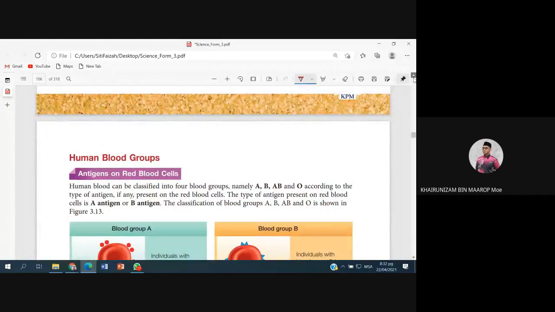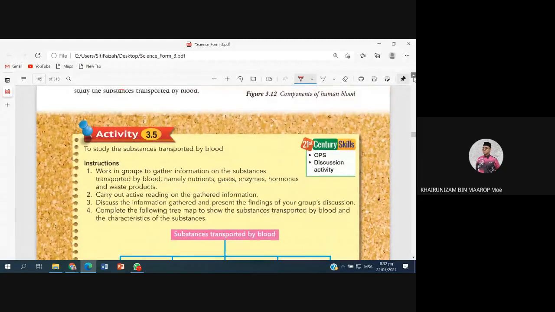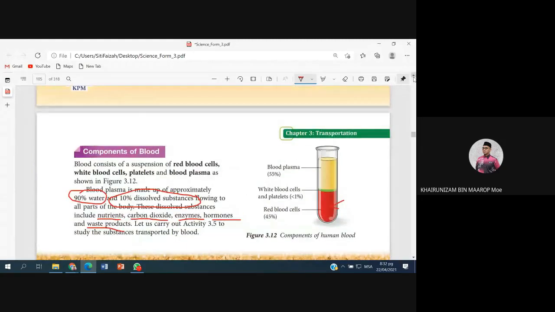Before we proceed to blood group, I want to add some information about blood plasma. Blood plasma is a yellow liquid in our blood because it consists of 90% water and 10% dissolved substances, and its lifespan is about 5 to 9 days only.